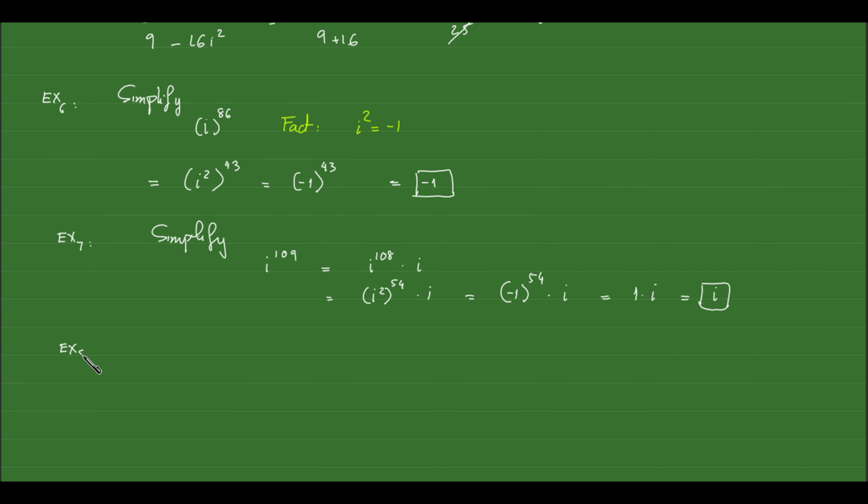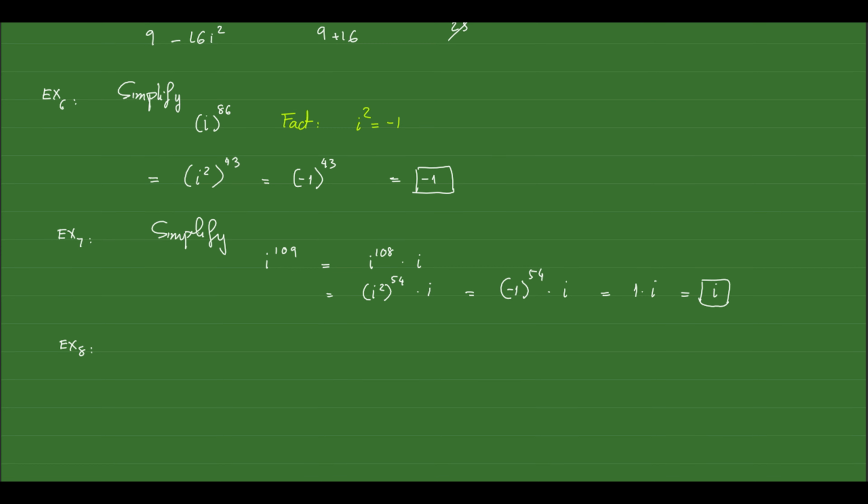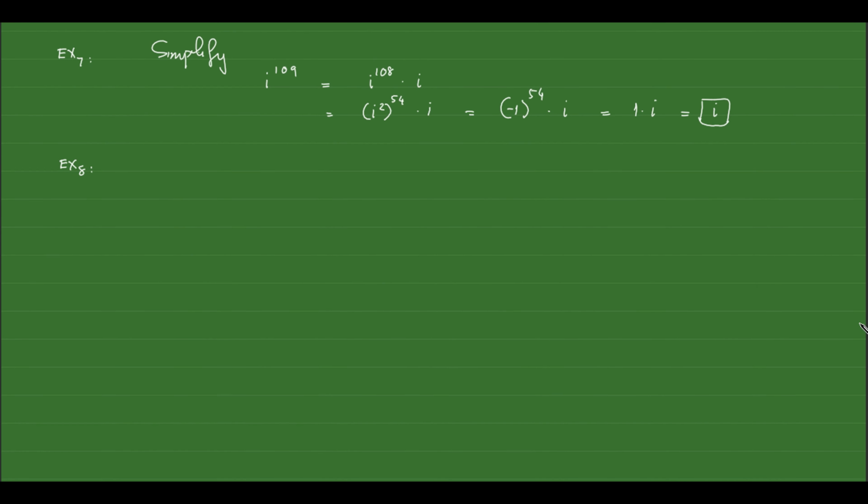Example number 8 over here, and this is maybe the last example I give you in this lecture. What if I have (5 + square root of -12) times (3 - square root of -27)? See, that's the square root of a negative number, which is related to the i complex number, right? Okay. So how are we going to multiply this?